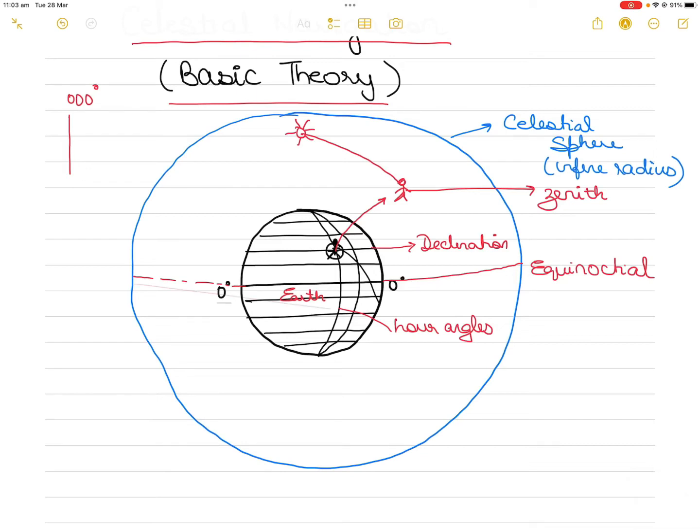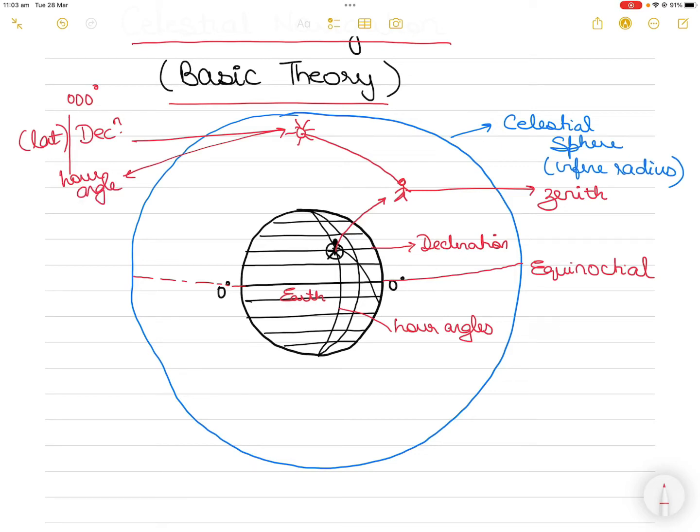from the celestial body. Now, if I know the position of the celestial body, and the position of the celestial body is known by its declination, which is very similar to latitude, and the hour angle. So instead of the longitude, we have hour angle. Now, what is hour angle?